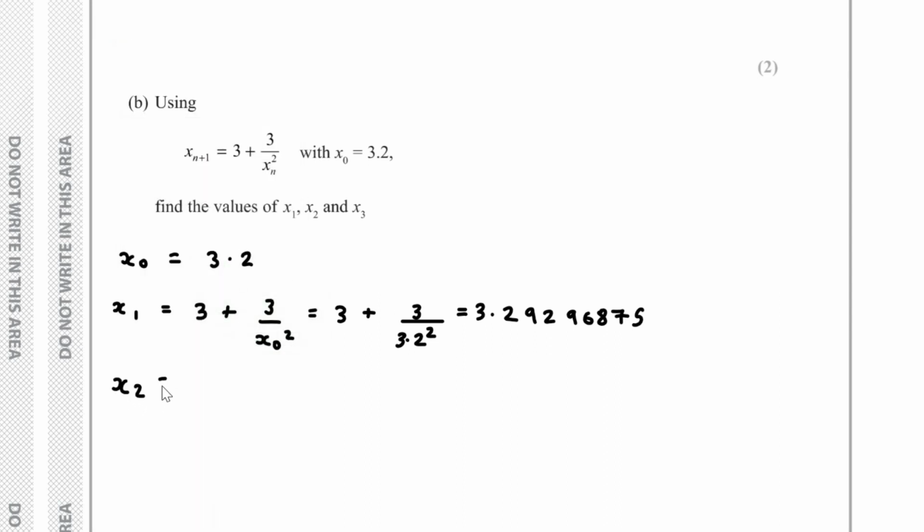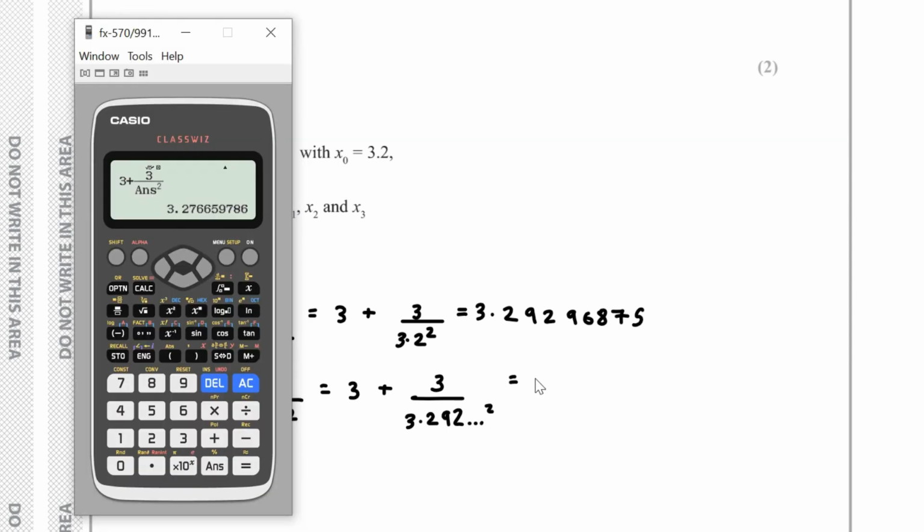So x2 is equal to 3 plus 3 over x1 squared. So we've got 3 plus 3 over 3.292 etc. squared, which is 3.276659,786.